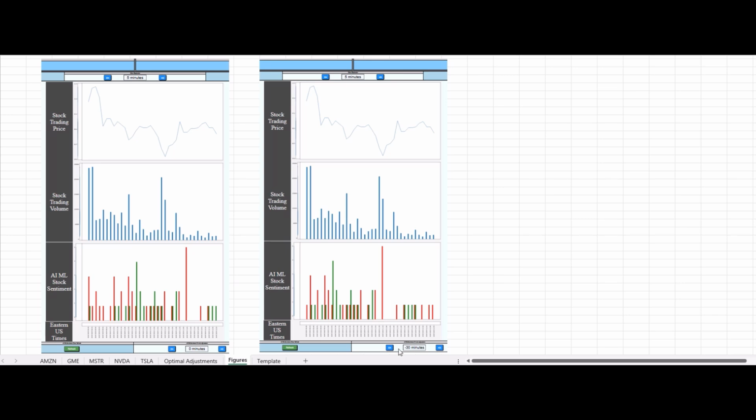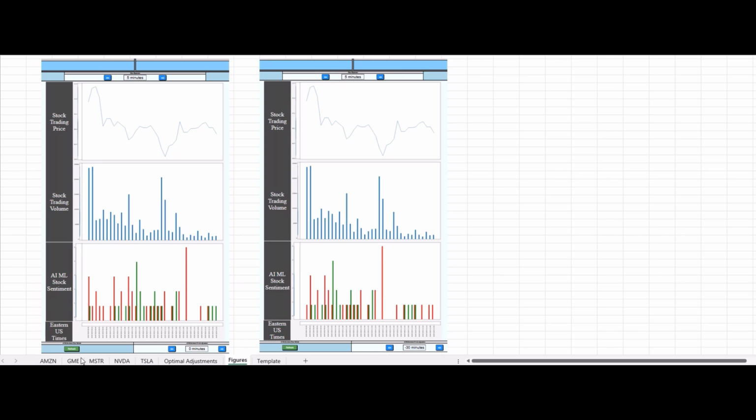And conversely, when we make the adjustment here for 30 minutes and we shift the stock sentiment data point by 30 minutes, and it's now occurring at 11:15 a.m. US Eastern Time, it now aligns with what we believe to be the corresponding stock trading price data point, and the visual correlation is much improved.